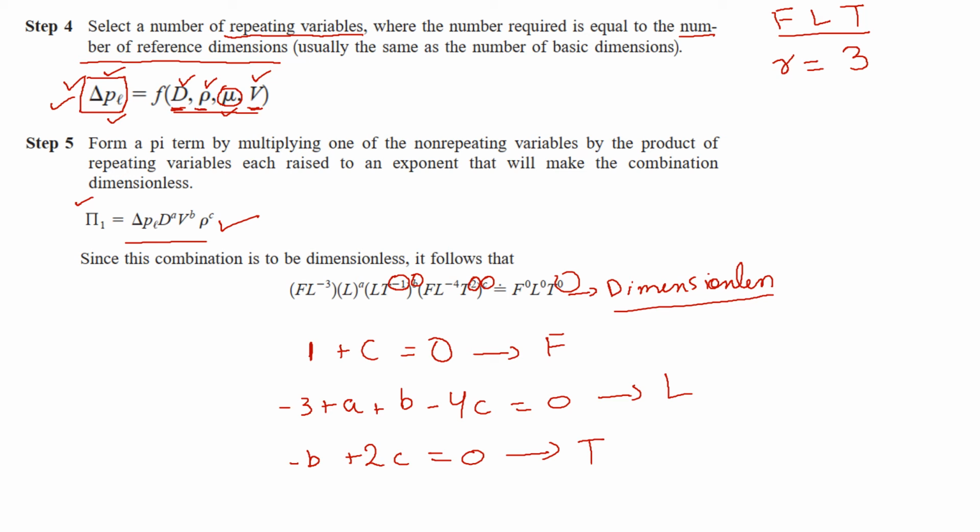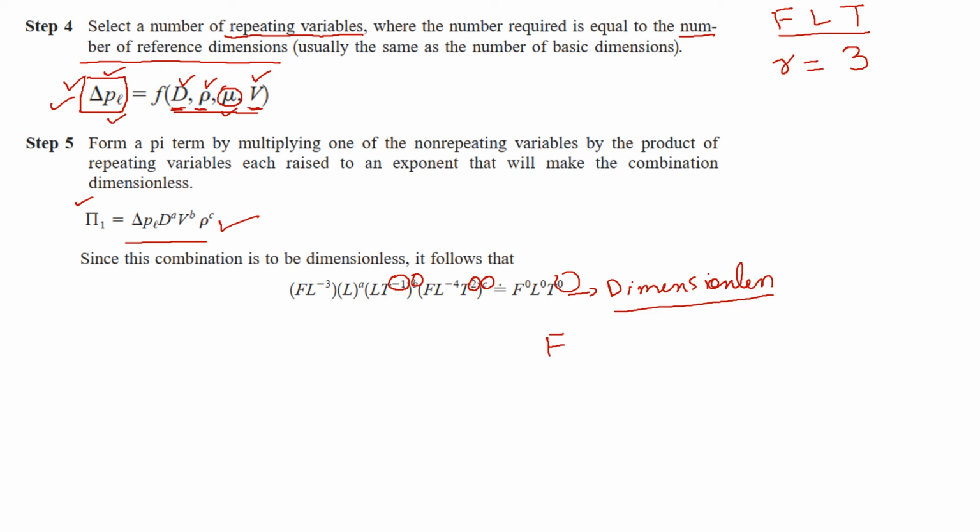And let's do that. Let's find the values of a, b, c, and before doing that, let's mention these equations in a little bit cleaner manner so that you might understand. This is the equation for c by taking the power of the force terms.